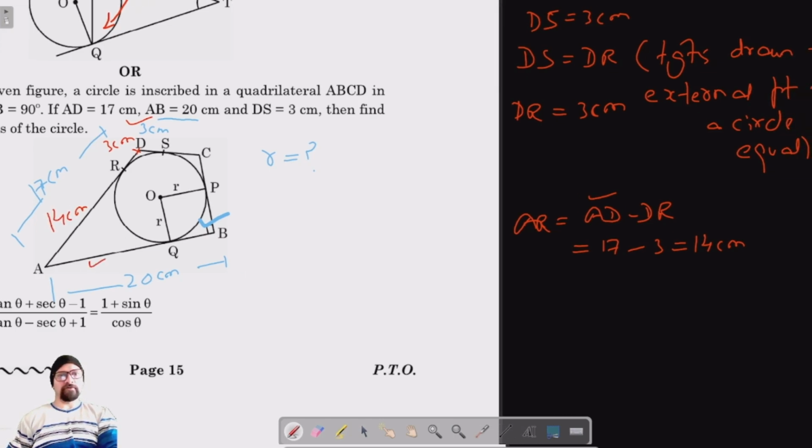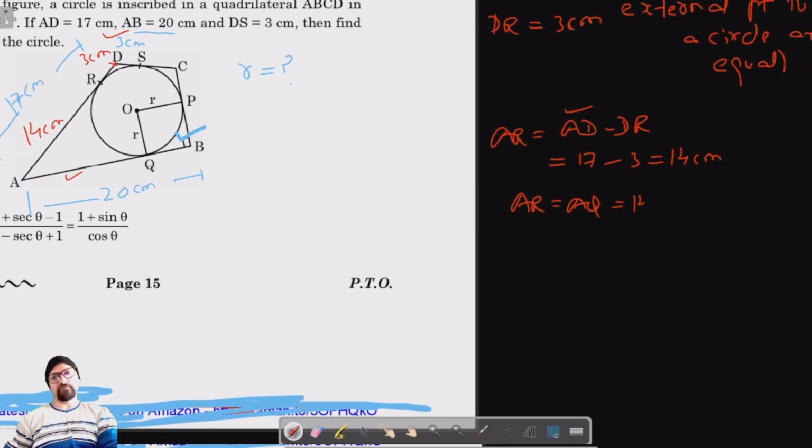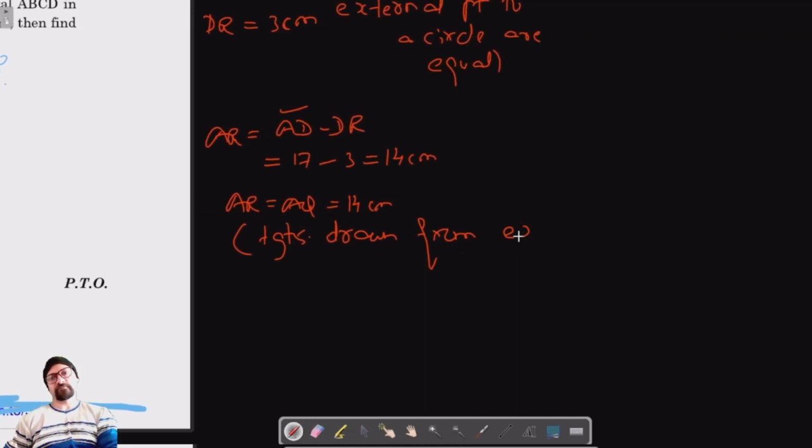Now AR is equal to AQ. These are also the tangents drawn from an external point to a circle. So AR is equal to AQ is equal to 14 centimeters, as the reason is the same: tangents drawn from an external point to a circle are equal.